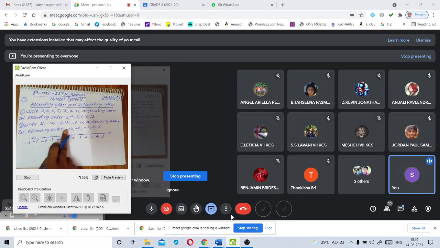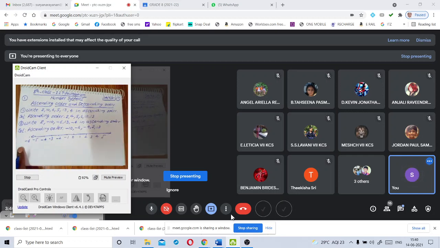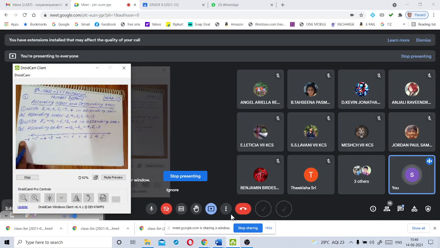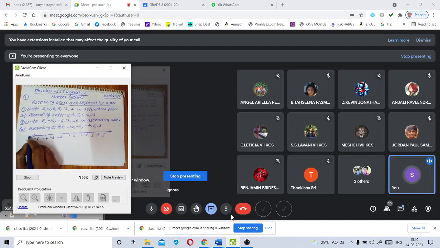At the most left side minus 10 should be there. After that minus 6, next minus 4.